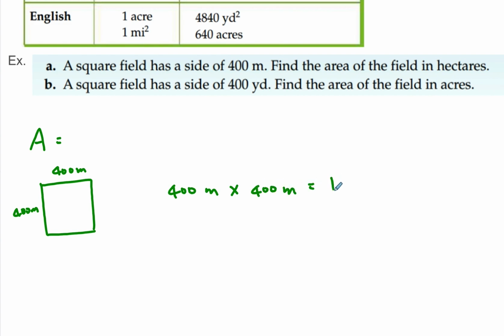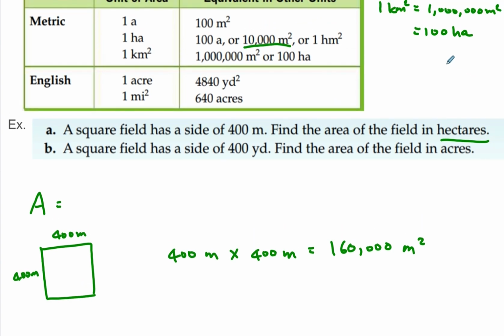And I have 160,000. So I have 1, 2, 3, 4 zeros, and I have 16 there. And meter times meter, square meter, right? But it is asking you to find the area in hectare. What do we know about hectare?